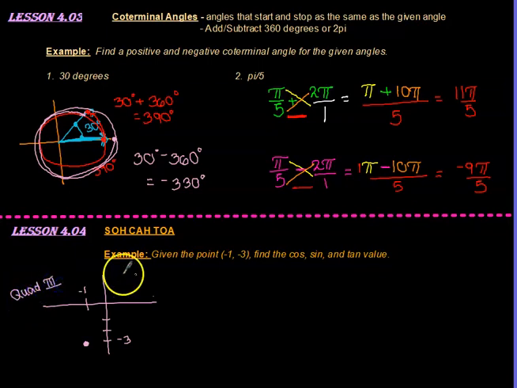From here, it's asking you to find the cosine, sine, and tangent values. So just know that everything given to you in this section, in this module, you can use right triangles. So if I were to use SOH CAH TOA, remember that your reference triangle always sits on the x-axis.